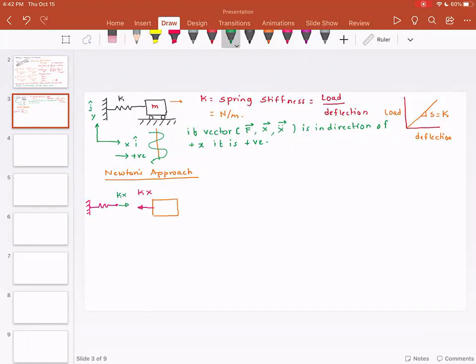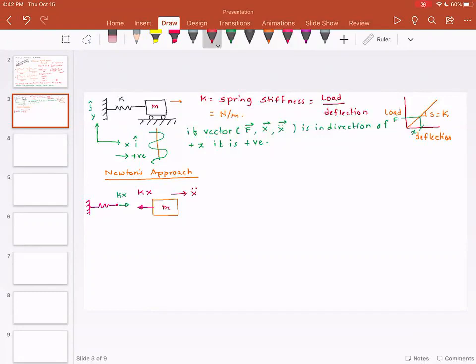So you have K times X. If this is the displacement X, the spring force is K times X. And the acceleration is in this direction, X double dot, and it has mass M.